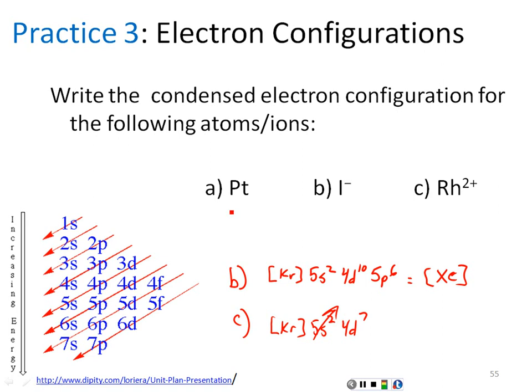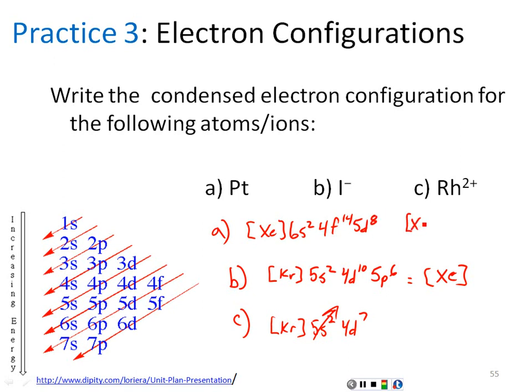And now on to platinum. I saved this for the end because this is another pretty tricky one. So what you might think platinum would be is xenon 6s2 4f14 5d8.